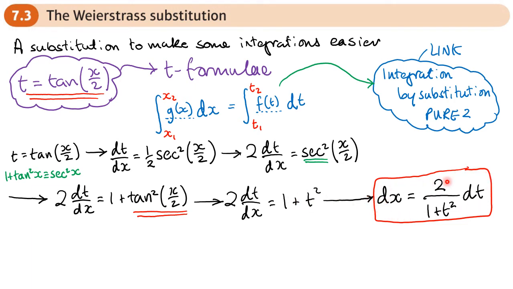Otherwise, this can be just slotted in without proof. So we want to see if we can memorize this so that we can just substitute the dx for dt straight away without having to go through all of the steps of the proof, unless you're asked to prove it.